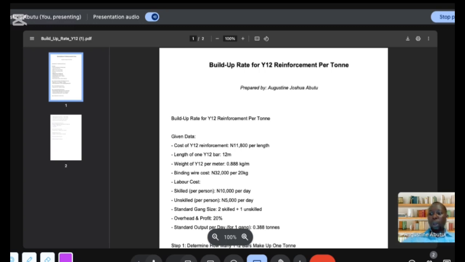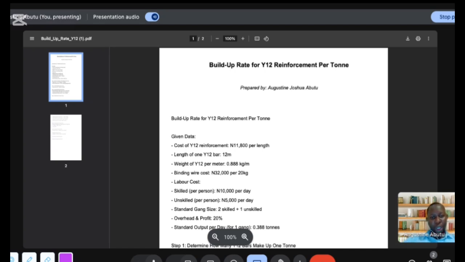So first of all, before we continue, we'll be converting our reinforcement to ton. Yes, to a ton. So now we have the price for one length. So we need to know how much 1 ton costs, right?